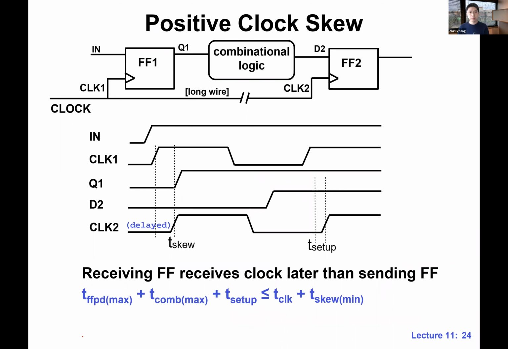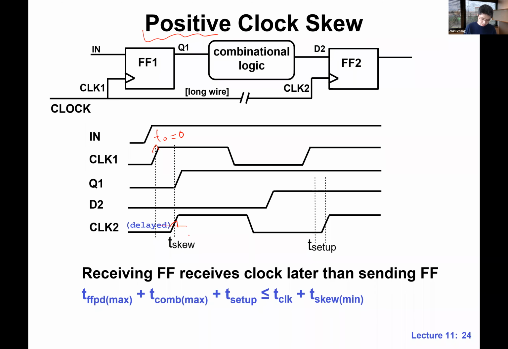And in the other scenario, if FF2 sees the clock later, this opposite scenario, we have something called positive clock skew. Okay, and this is where you guys can go through the same exercise. Same exercise, we define the reference time here. There's a T0, zero, we use clock one as a reference clock.